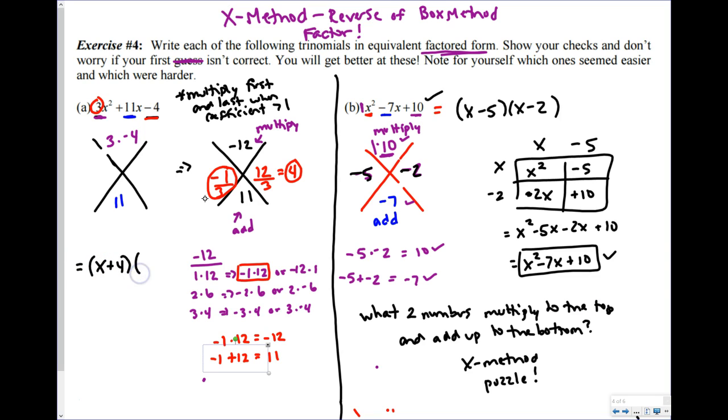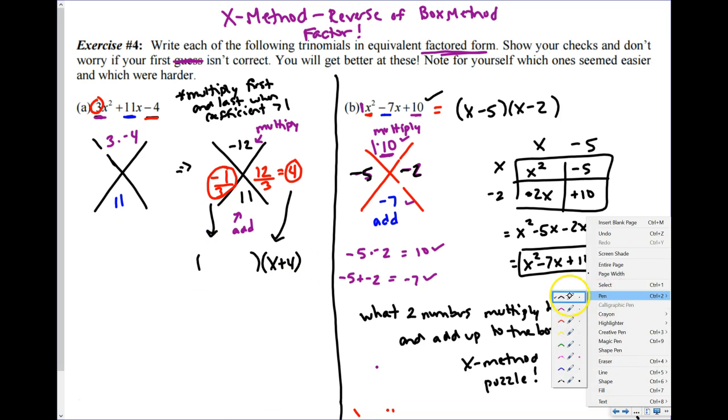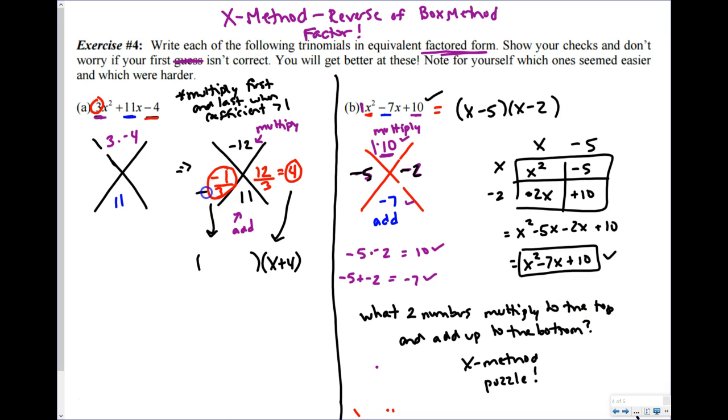And my other factor, in fact, let me just erase this for a second here, so I can write this a little easier. Okay, this factor becomes x plus 4, and this factor becomes something pretty cool. We're going to take that 3 that's in the denominator and put it in front of the x. And so this becomes the coefficient in front of x.